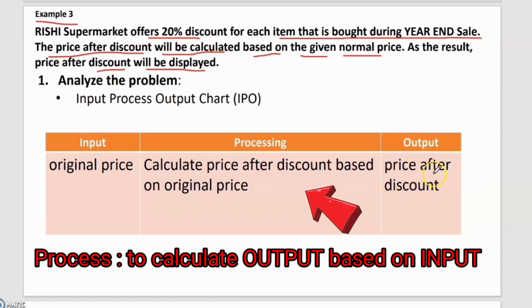To get this price after discount, you must have the original price, or you can write normal price, or you can write price, no problem. So for processing, calculate price after discount based on original price. Actually this price after discount is your output, and the original price is your input.